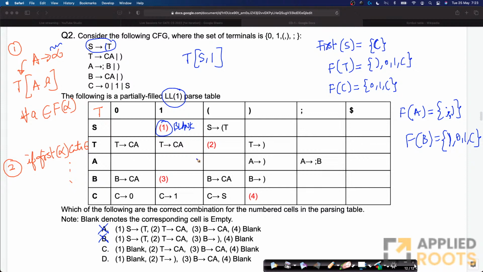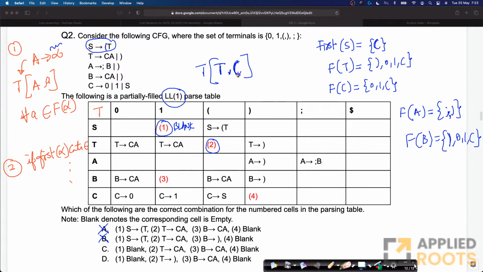Now let's look at 2. It's actually very simple. What is the table entry that we are looking for? This is the table entry corresponding to the non-terminal T and the open parenthesis. So this is what we are looking for. What production rule should exist here? Now simple. T comma open parenthesis. Let me just draw this carefully.